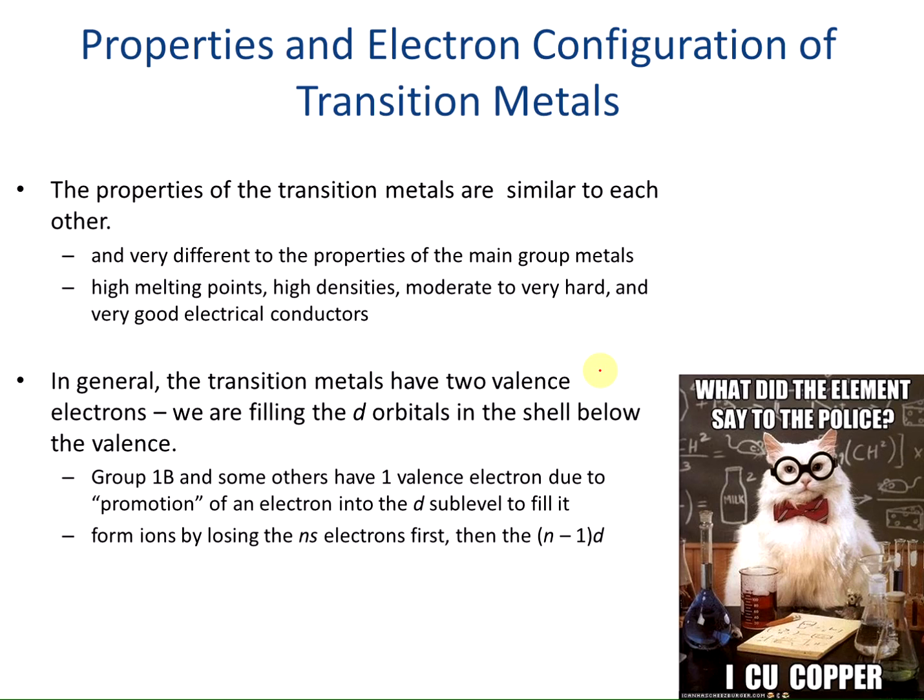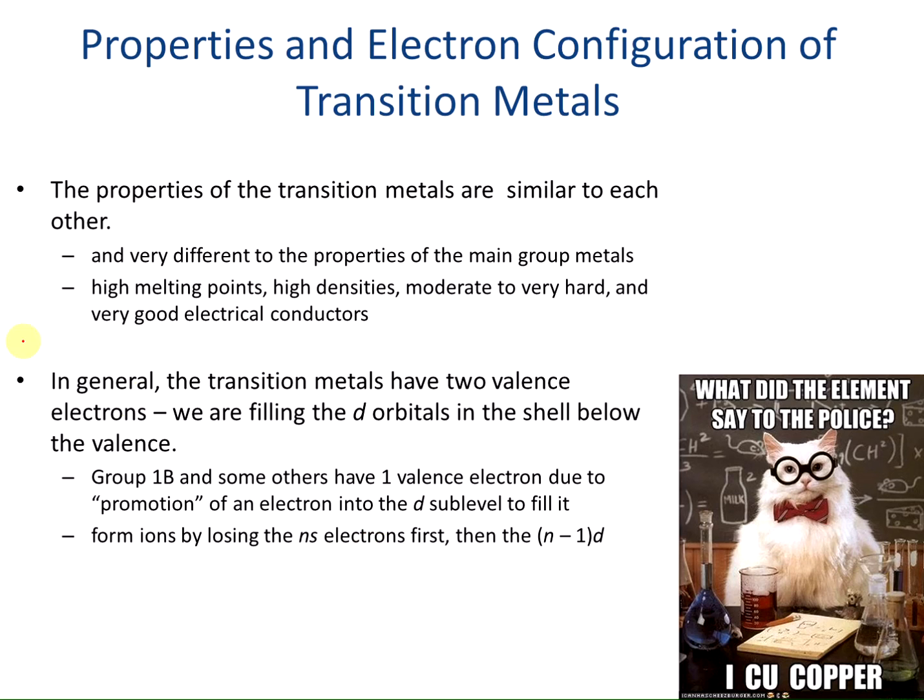If you remember when we did scandium, argon 4s 3d, the electrons in the s orbital are the valence electrons. Group 1B and some others have 1 valence electron due to the promotion of an electron into the d sublevel to fill it. They form ions by losing the ns electrons first, and then after they've lost all the electrons from the s orbitals, they'll lose electrons from the d orbitals.